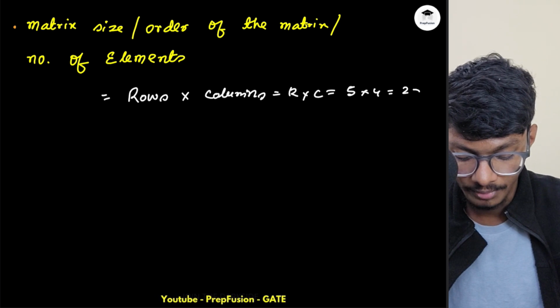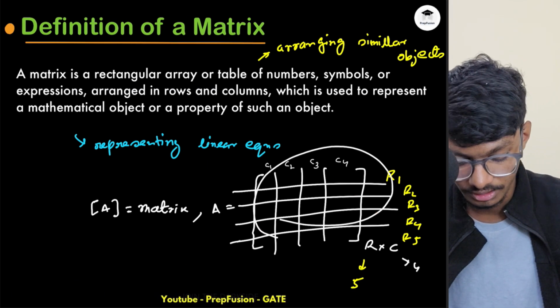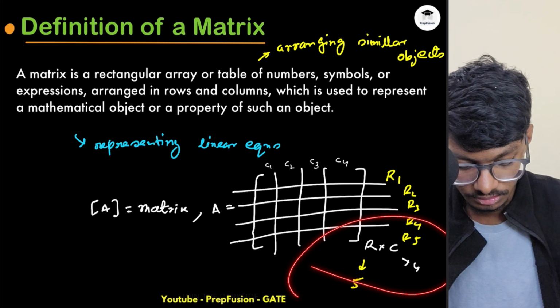If you want to know how many elements are inside the matrix, just do rows times columns and you will get your answer.